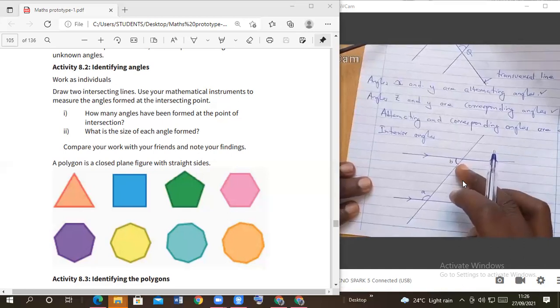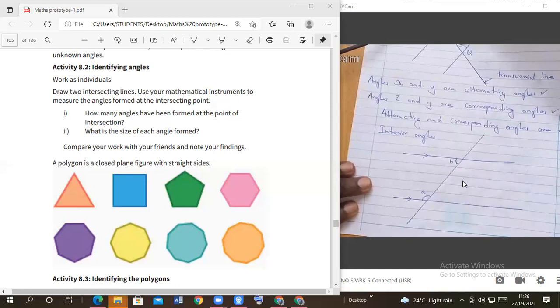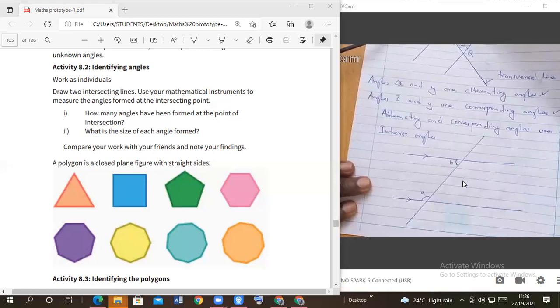Or is it corresponding? If they are neither of those, then they are called interior angles, because they are not even alternating.